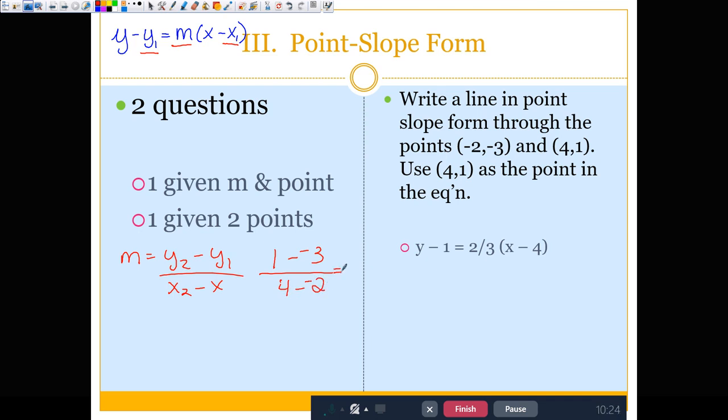So that's going to be 4 over 6, which reduces to 2 over 3. Now that I know m, I'm going to substitute in the point that they tell me to substitute in into my equation. So y minus 1 equals 2/3 times x minus the x value, and that's it. Easy peasy.